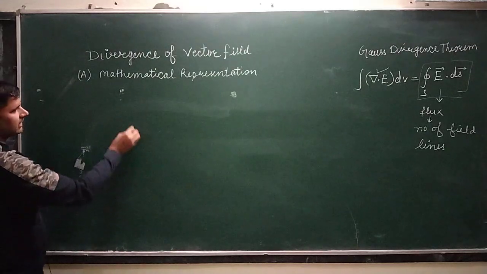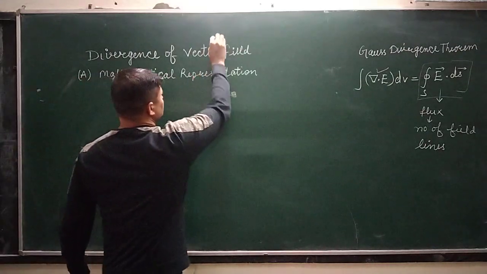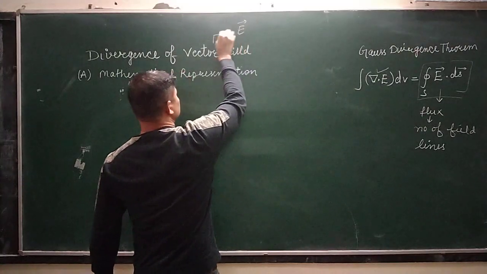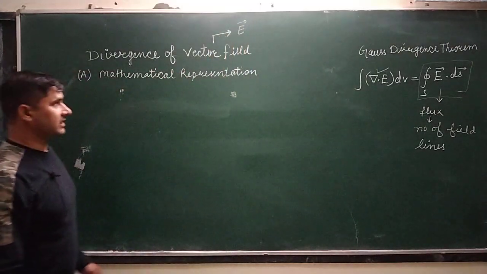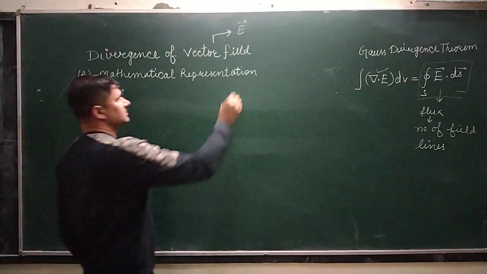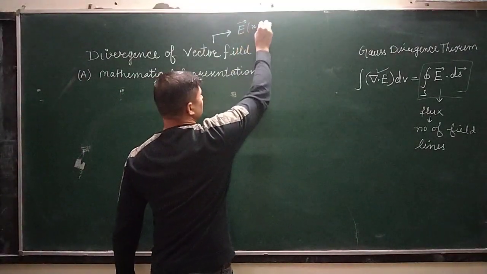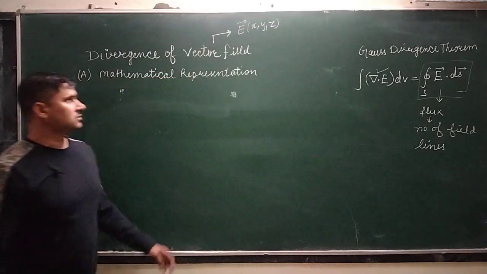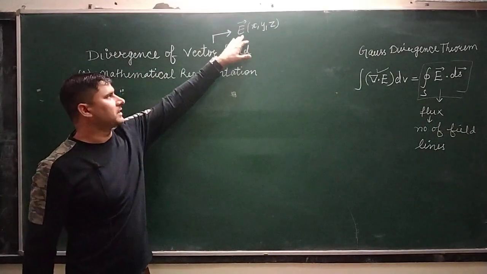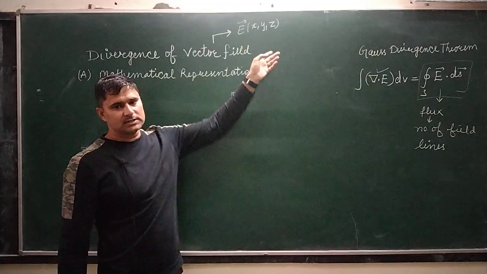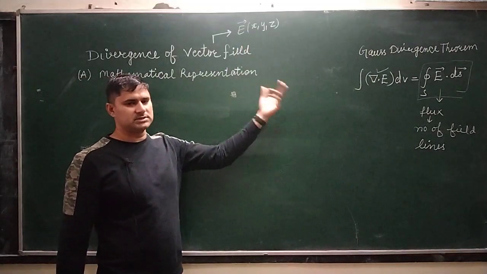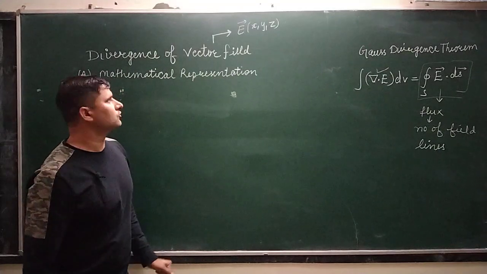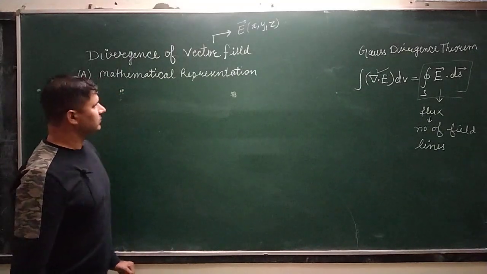So here we have taken electric field intensity E as vector field, and it is a function of coordinates x, y and z. So it is independent of time. As the coordinates x, y, z change, then the magnitude of electric field will change.